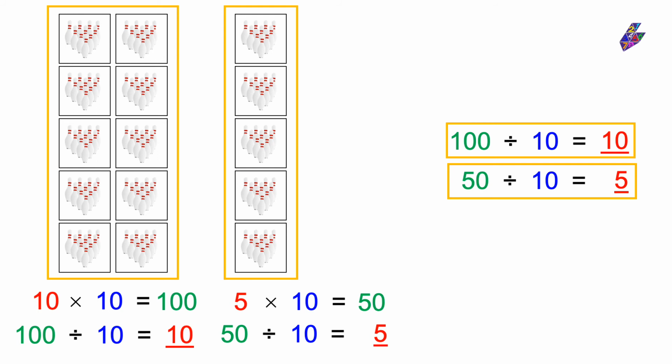So if we think about what that looks like as one equation rather than two, we had 150 bowling pins all together. We divided them into groups of 10 because we needed 10 pins in each lane. And this created 15 groups of 10, which means that we would be able to set up 15 lanes. 150 divided by 10 equals 15.